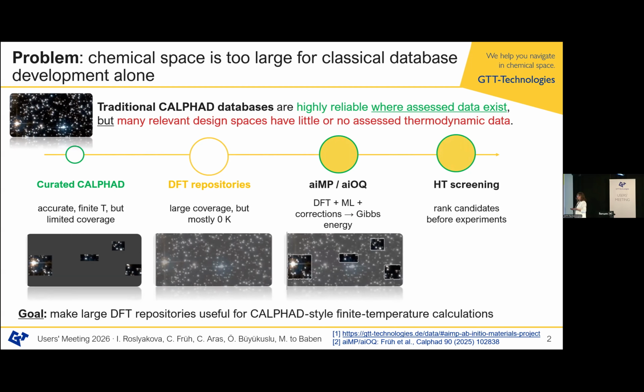We can also use them for high-throughput screening in order to reduce the number of compounds which need to be tested experimentally, and save our time and money to find really promising materials.